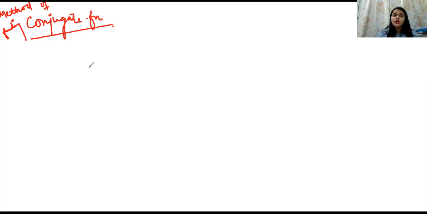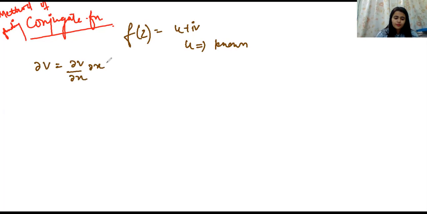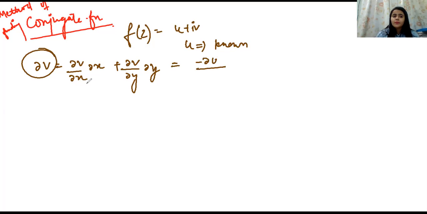So what is a conjugate function? Suppose f(z) is any function that can be written in the form u plus iota v. In the question, you know the value of u. U is known. Then what will be v? dv is equal to del v by del x dx plus del v by del y dy. Now, del v by del x is equal to minus del u by del y, by the Cauchy-Riemann condition.